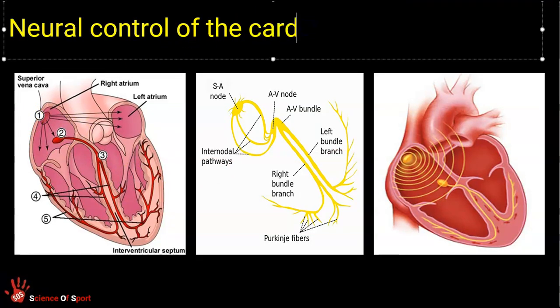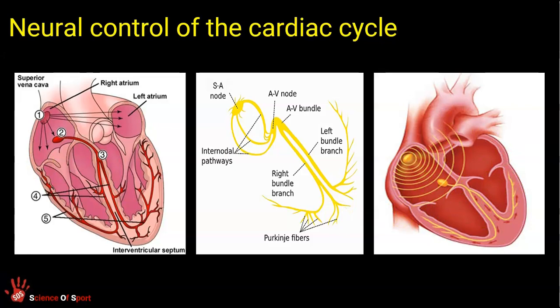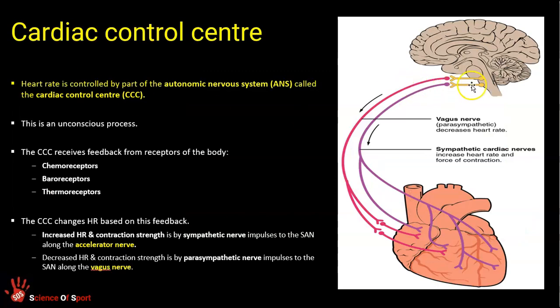Actually, I prefer that being the title: the nervous process that controls the relaxation and contraction of the heart. But we've also added how we can influence the SA node, how we can change our heart rate based on feedback from the receptors in our body telling our cardiac control center, and then an impulse either making our heart rate speed up or an impulse inhibiting our heart rate.